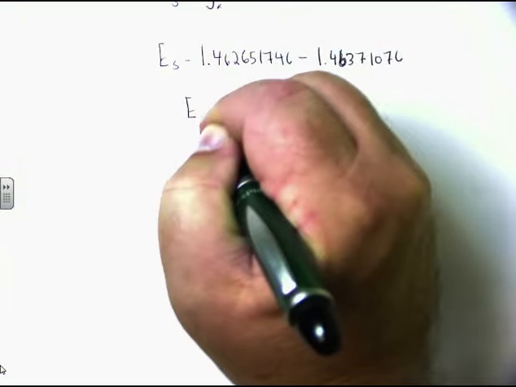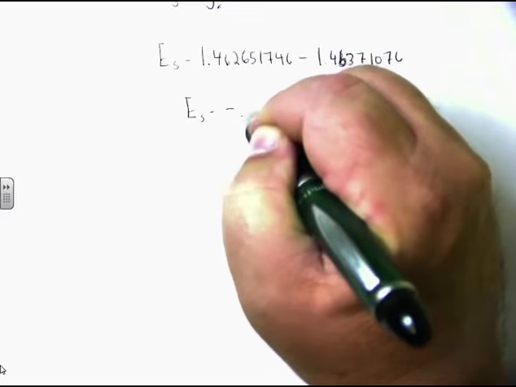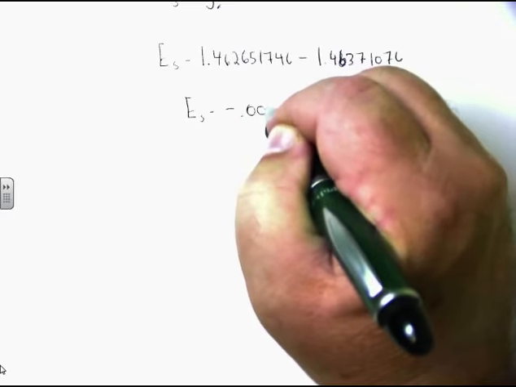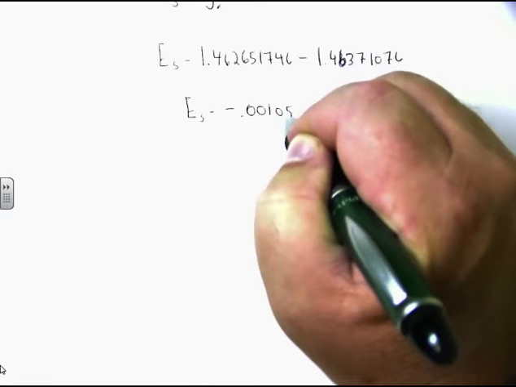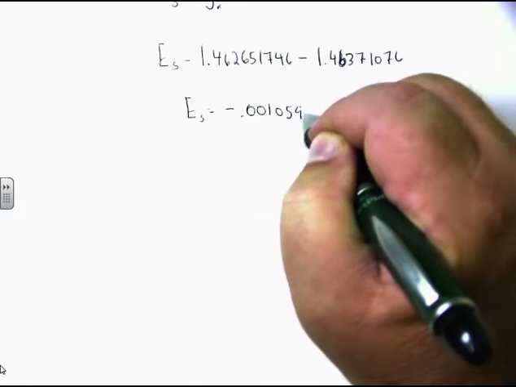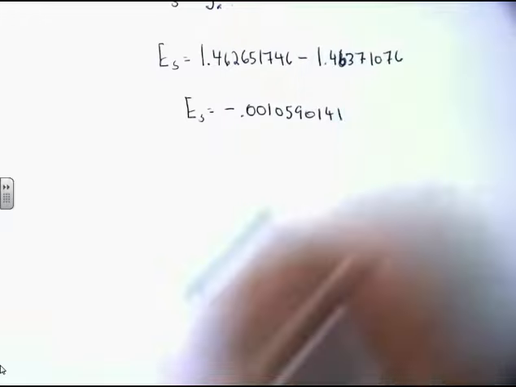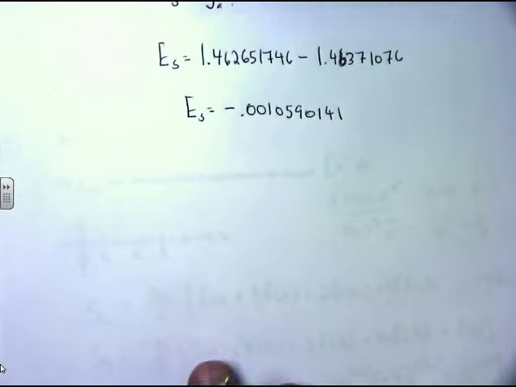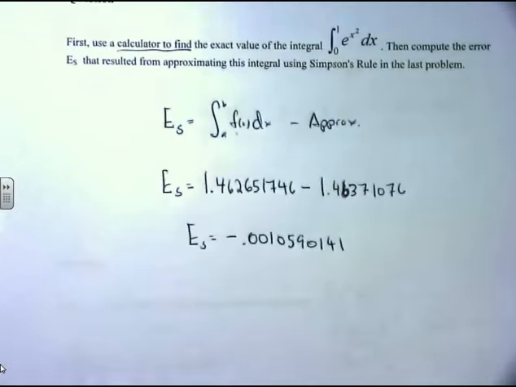So when I subtract these two guys, I end up getting the error for Simpson's rule would be a negative 0.00105904141.